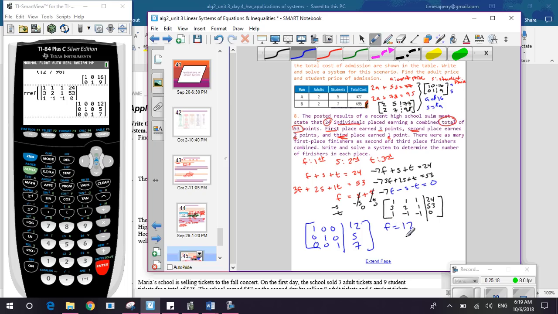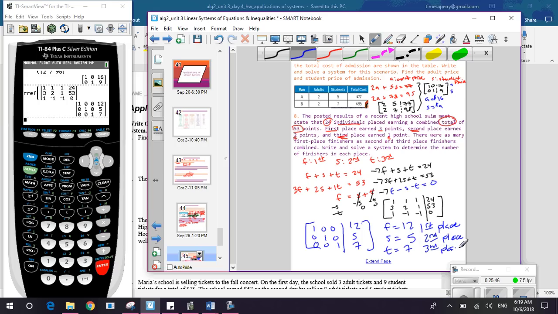So in other words, there were 12 first place finishers. S is equal to 5. So there were 5 second place finishers. And then T is equal to 7. So there were 7 third place finishers.